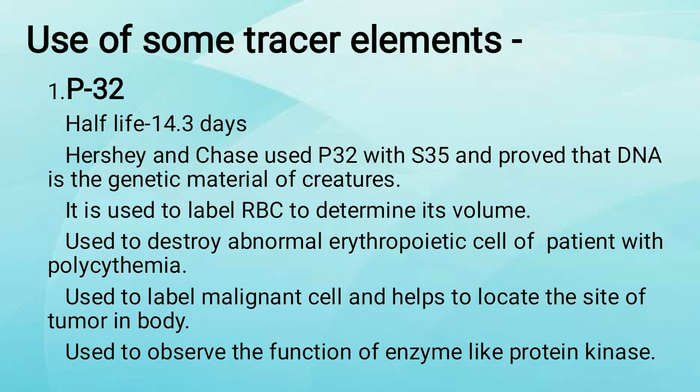It is used to label RBC to determine its volume. It is used to destroy abnormal erythropoietic cells of patients with polycythemia. It is used to label malignant cells and helps to locate the site of tumor in the body. It is used to observe the function of enzymes like protein kinase.